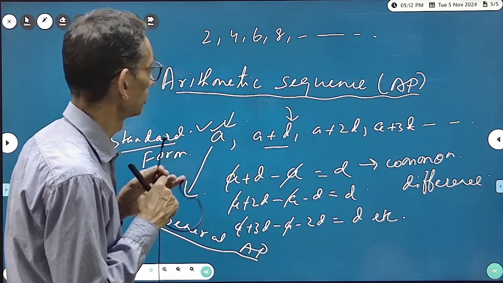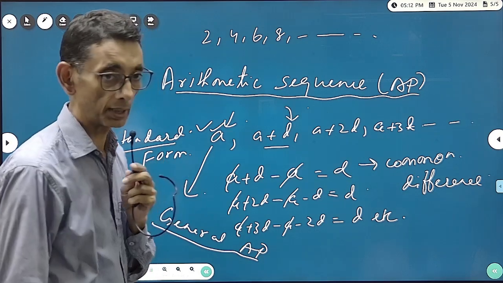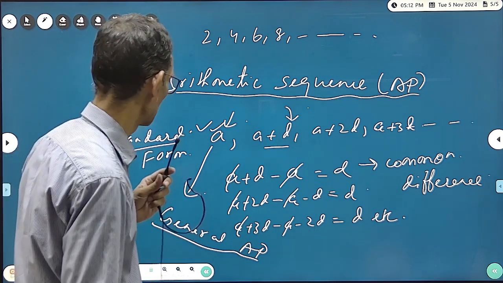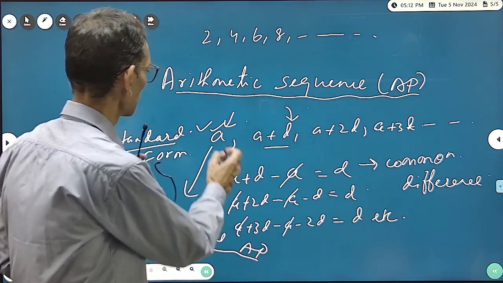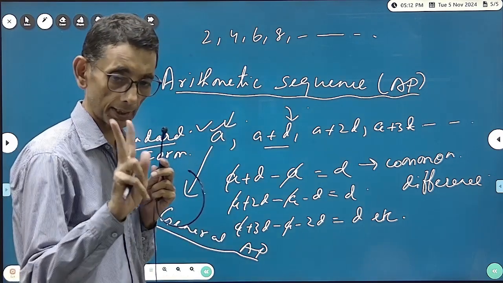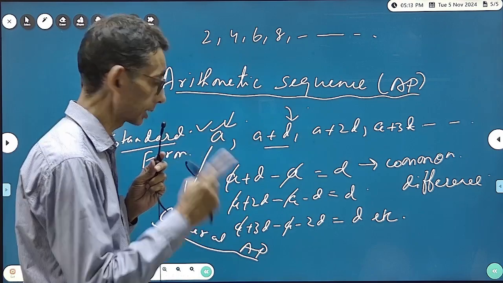Okay. Now, how do you write the nth term of an AP? That's not difficult. The first term is a. The second term, how have you written it? a plus d.